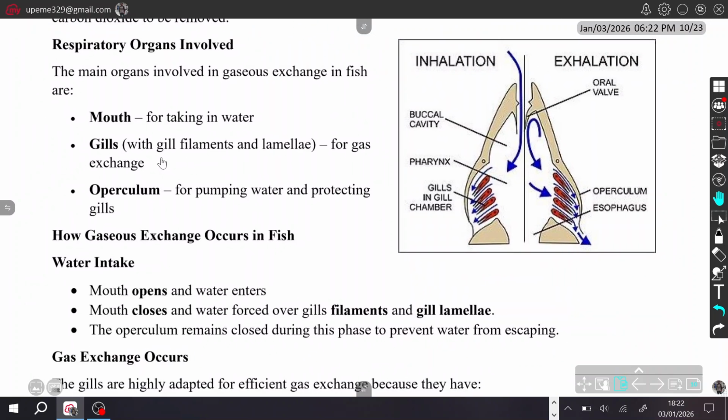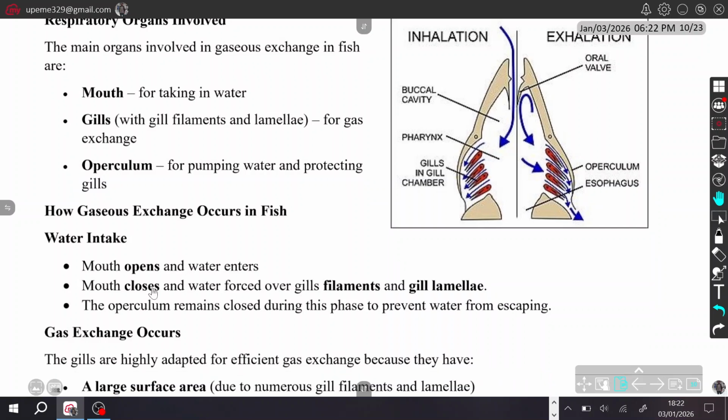All right. Now let's talk about how gaseous exchange occurs in fish. 1. Water intake. Water must first enter. So here we are saying water intake. The mouth opens and water enters. So the fish will open the mouth and water enters.